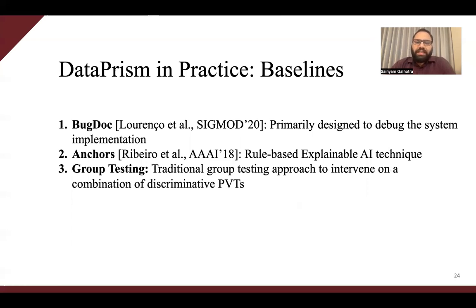Therefore, we adapted state-of-the-art debugging and explainable AI techniques to explain the cause of mismatch. Specifically, we adapted BugDog, which is designed to debug pipeline implementations, and Anchors, which is a rule-based technique to explain ML models. In addition to these two baselines, we implemented a group testing-based approach to intervene multiple PVTs at a time simultaneously.